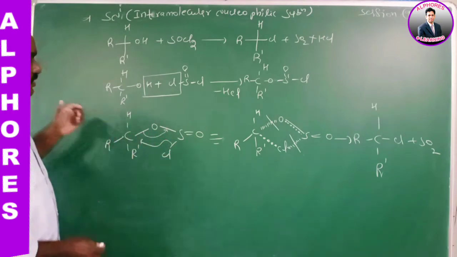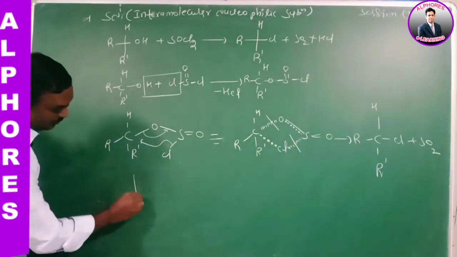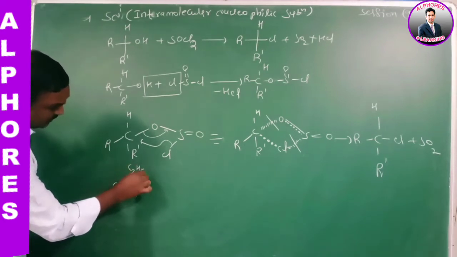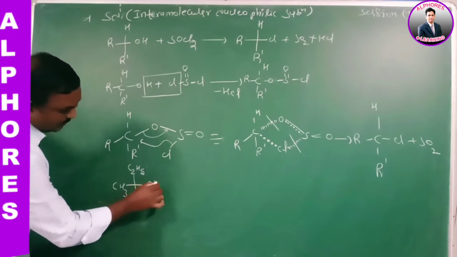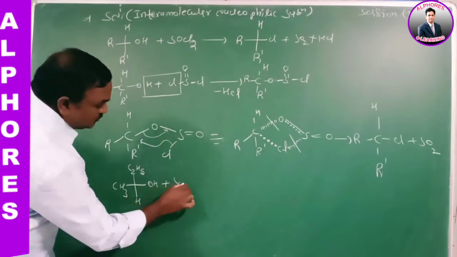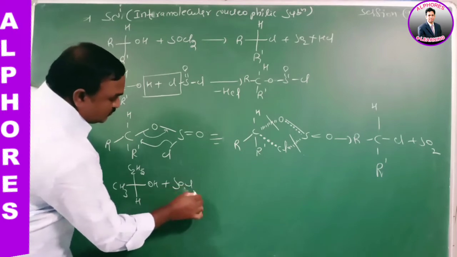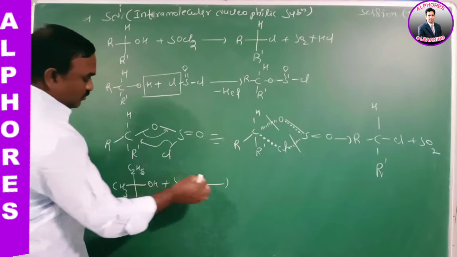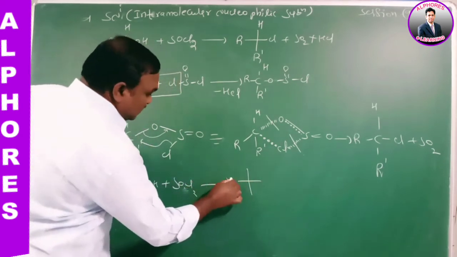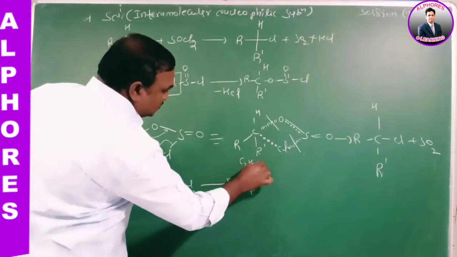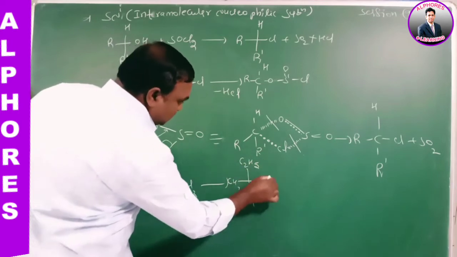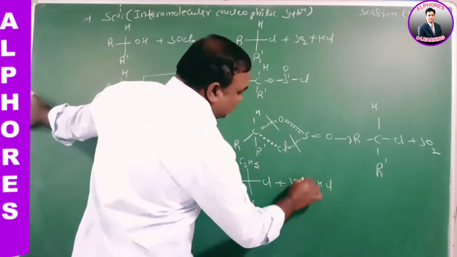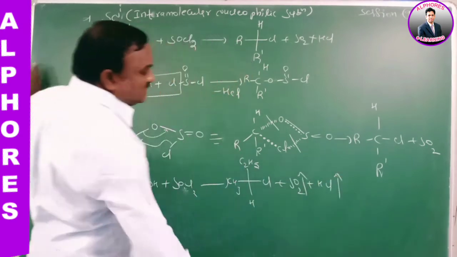For example, here the compound has a methyl group, C2H5 and OH, with SOCl2. OH is replaced by Cl, giving the chloro compound with CH3 and C2H5, plus SO2 plus HCl.